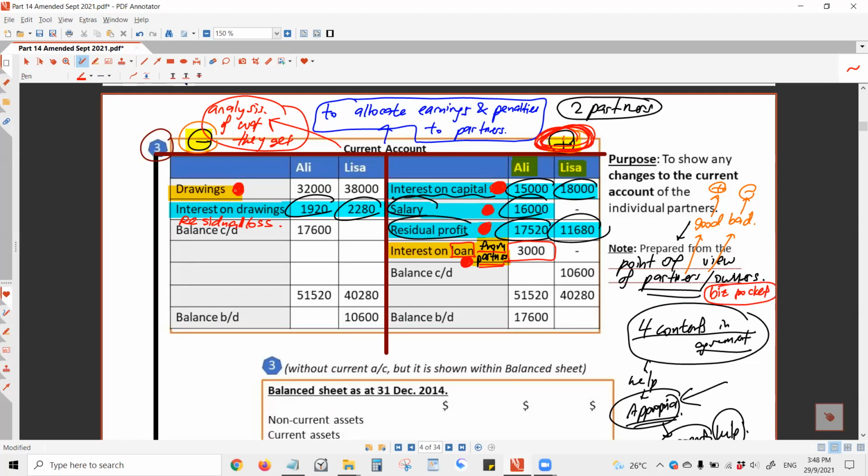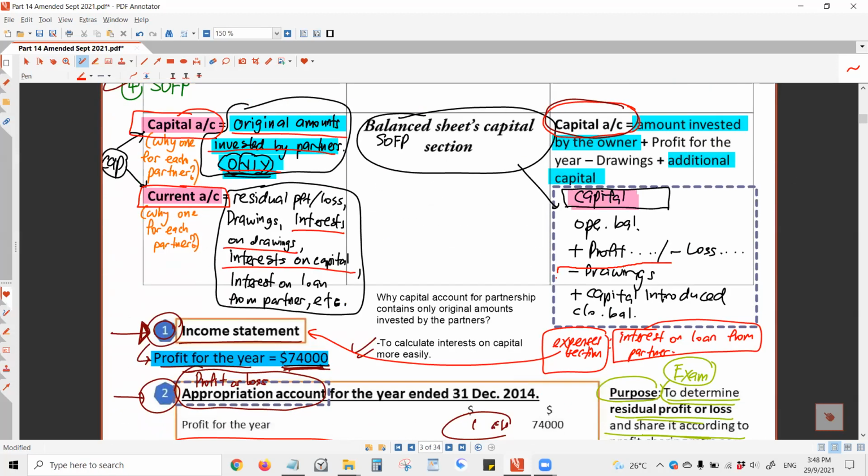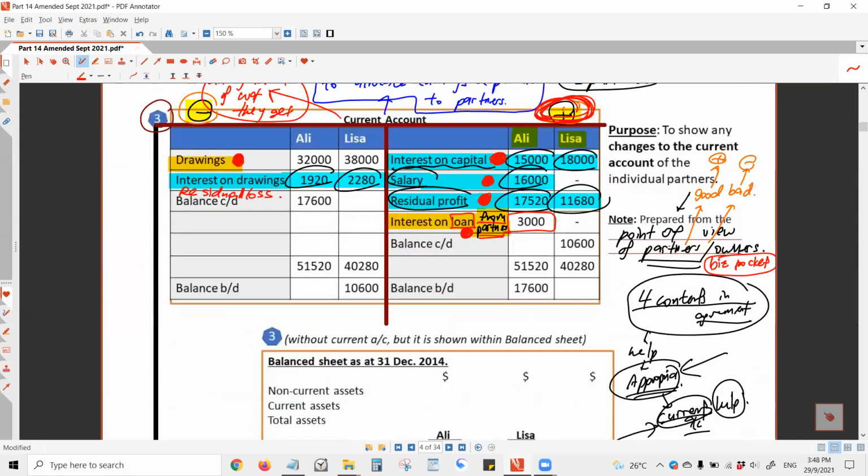So drawings, you know what to do in sole trader business. In sole trader business, drawings is going to make your capital lower, right? Because you take something out of the business for personal use. So drawings for partners, they took some money out of the business for personal use also, right?